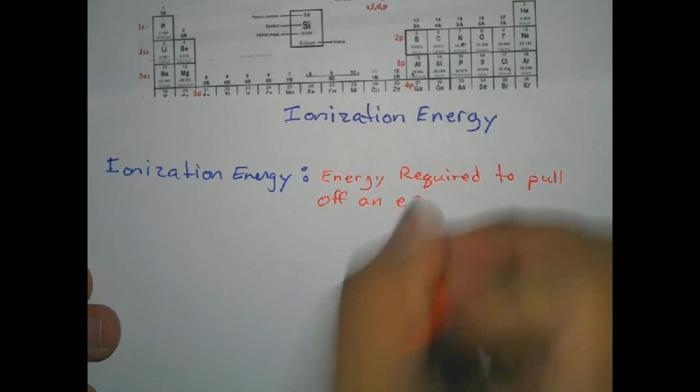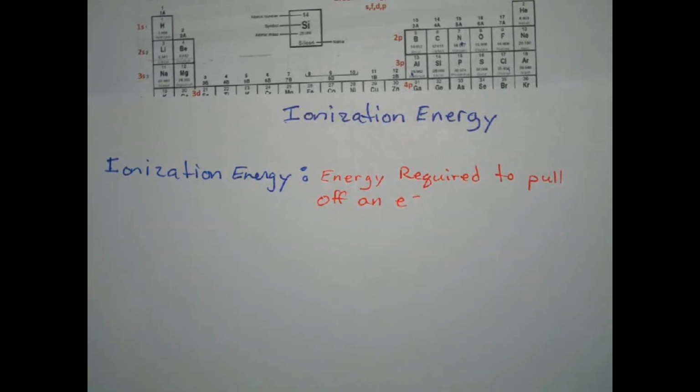Okay? It's the energy required to pull off an electron. Last time with electronegativity, we were talking about the ability to attract electrons. Now we're talking about getting rid of an electron. Okay? And how much energy that takes to pluck off an electron from another atom.